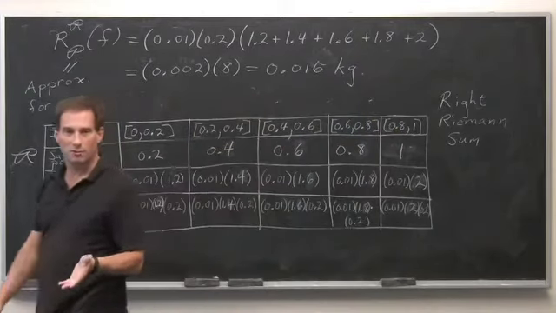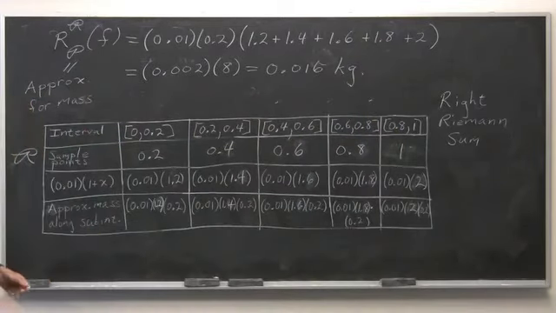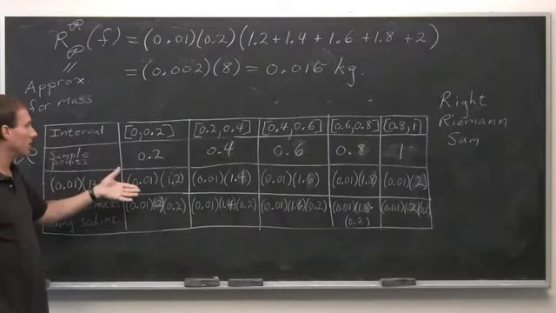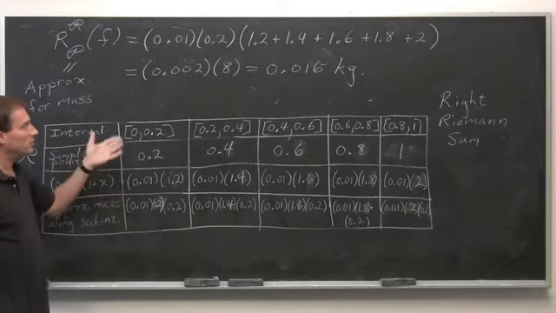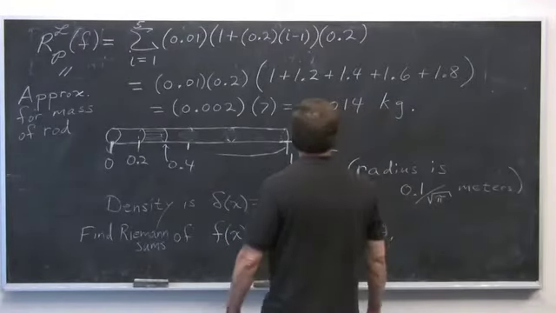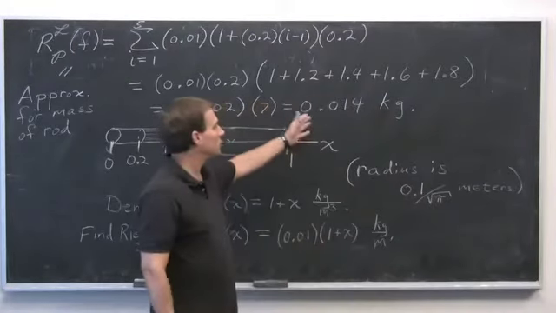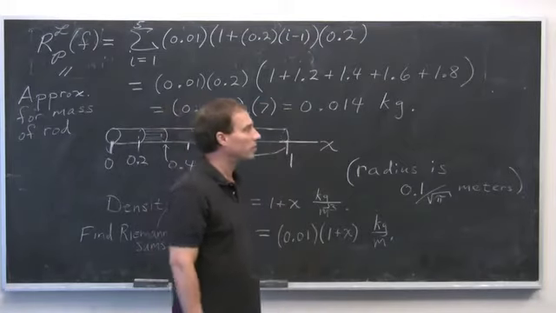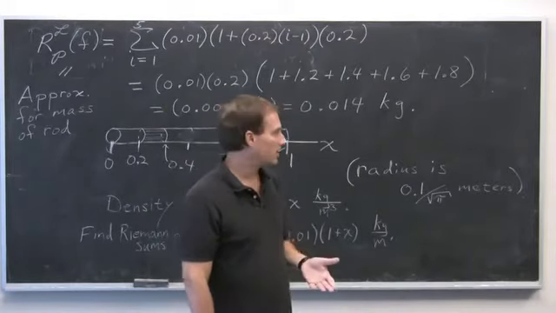Our approximation is different. That's no surprise. We use different sample points. You use left endpoints of subintervals as sample points, and then you use right endpoints as sample points. It's unlikely that you'd get the same approximation. Over here we got 0.014 kilograms. Over there we got 0.016 kilograms.